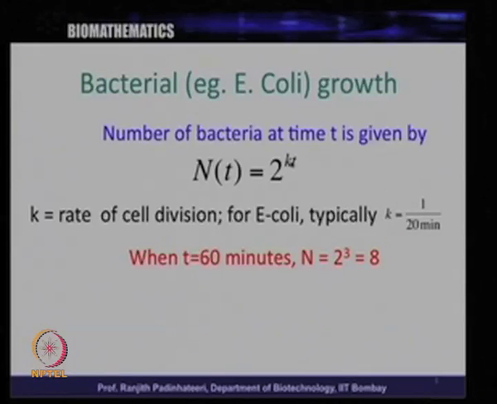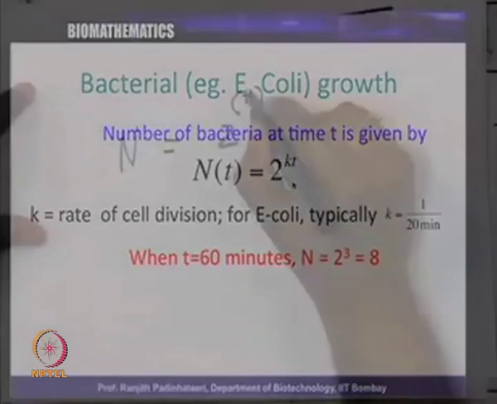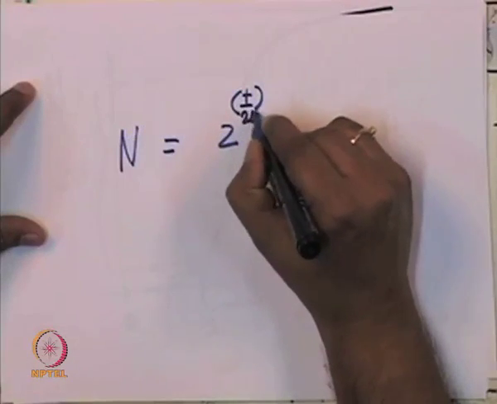So k is 1 over 20, and t is the time. If you take t in minutes, k is 1 over 20 per minute, so you have t divided by 20.